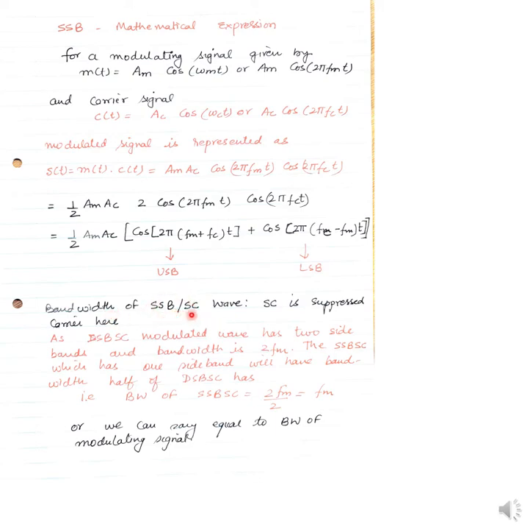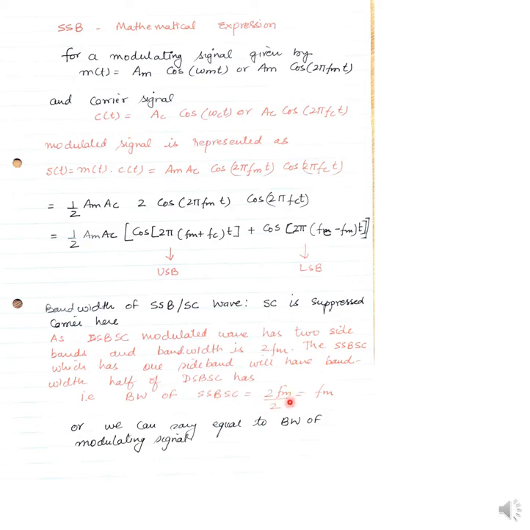Now the bandwidth of SSB. When we are doing single sideband, we are basically suppressing a carrier, and either we are suppressing the upper sideband or the lower sideband. SC is suppressed carrier here. As the DSB SC modulated wave has two sidebands and bandwidth is twice fm, the SSB SC, which has only one sideband, will have half the bandwidth of DSB SC.